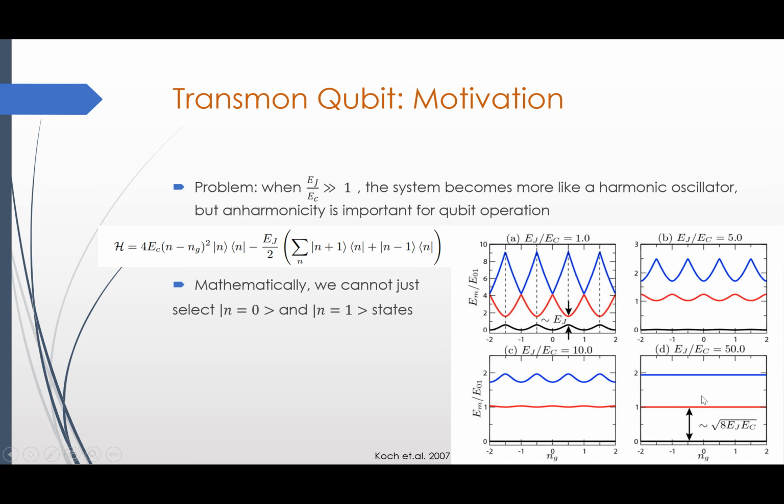When we give an excitation signal, the system doesn't just change between the 0 and 1 states, but it can go all the way up to 2, 3, and greater number states. So we can't just select the 0 and 1 states to form a qubit, as we do for the Cooper pair box.